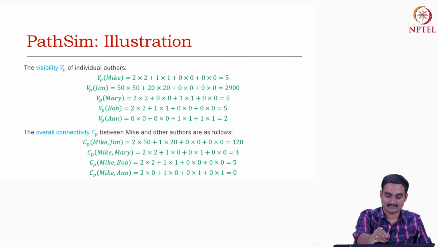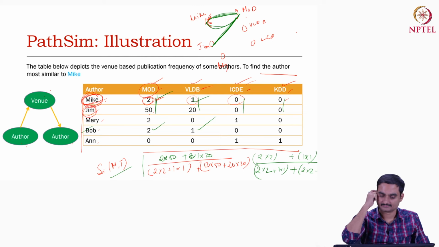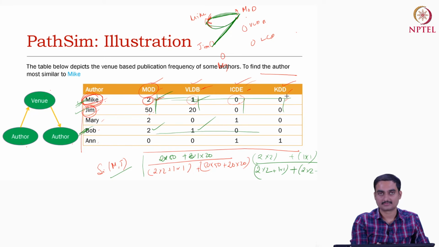Let's see. What about Mike and Jim? Look at this: Mike and Bob, the rows are exactly the same, so they should be similar. But if you look at Mike and Jim, the rows are kind of identical, but the quantities are very, very high, so they should not be the same.